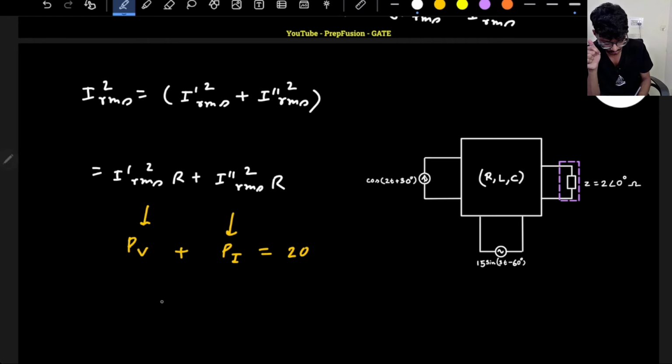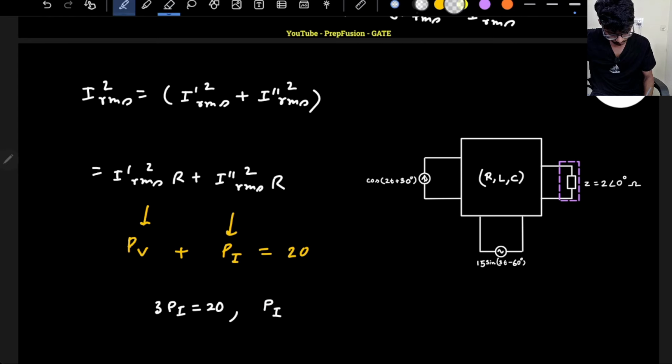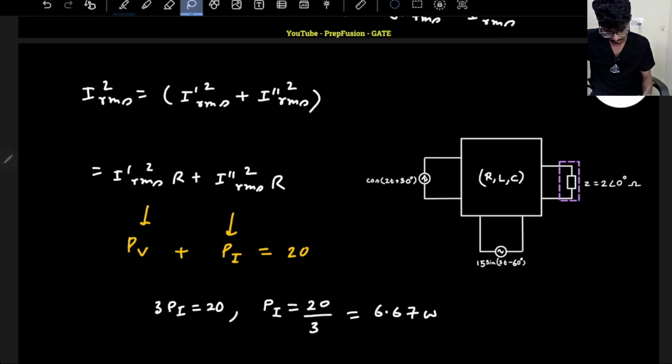So it changes to 3 PI equals 20 watts, so PI equals 20 by 3, that is 6.67 watts.